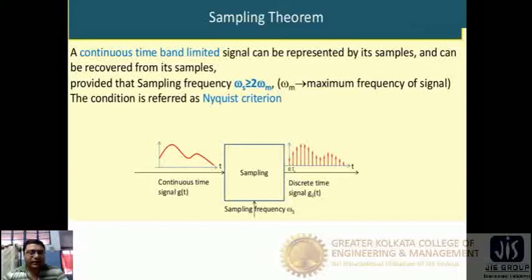The input signal can consist of many frequencies, so the sampling frequency should be greater than twice the maximum frequency present in the input signal. This theorem is very important for all the students.